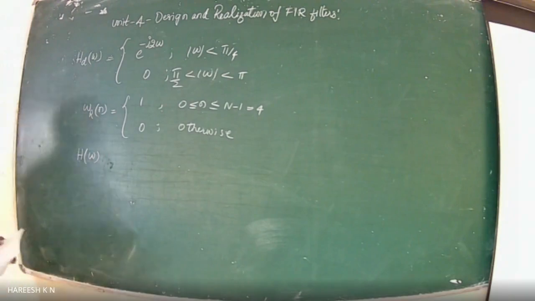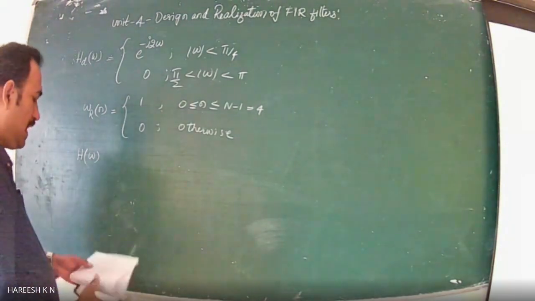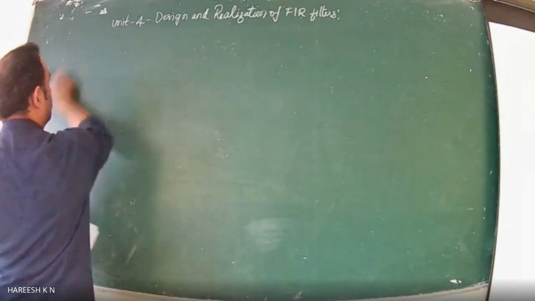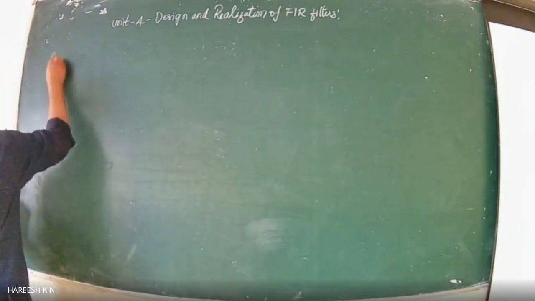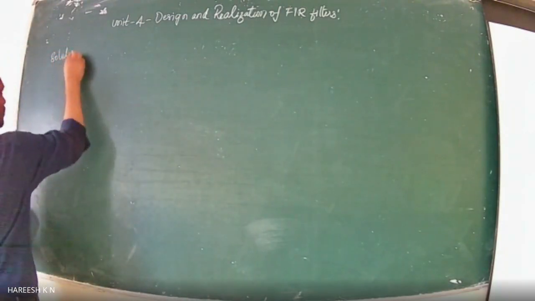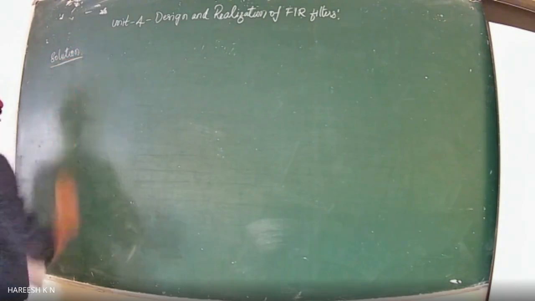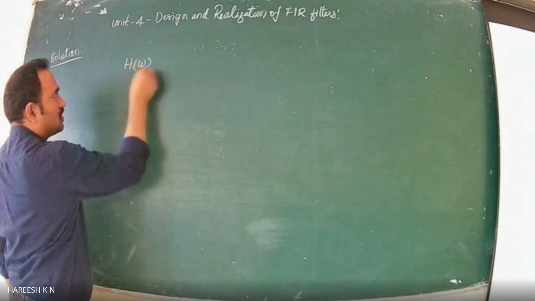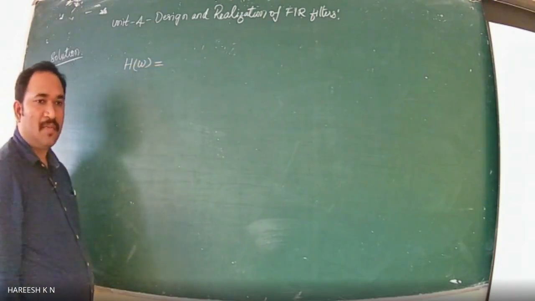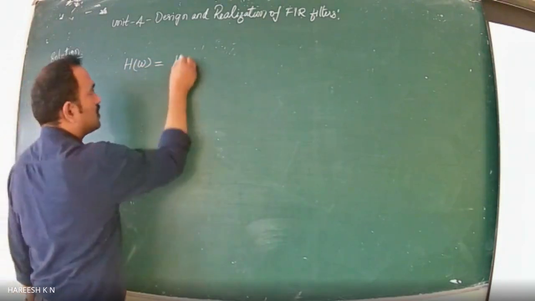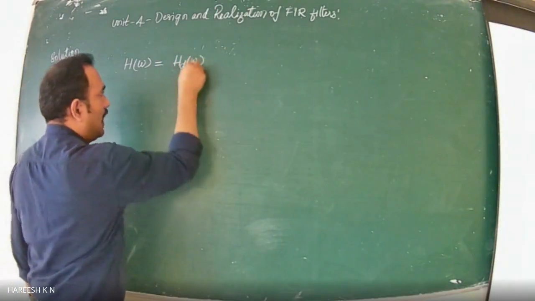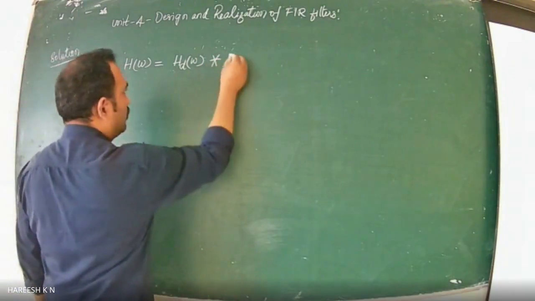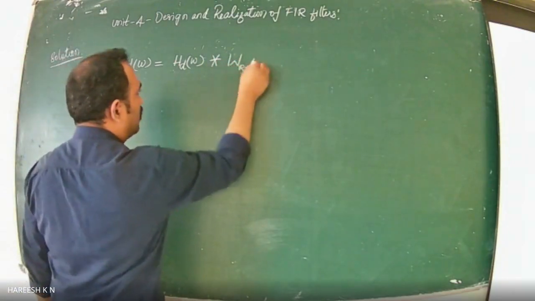Now we have the solution for this. They are asking us to find the frequency response H of omega by making use of the desired frequency response HD of omega and the window function, convolved with WR of omega.